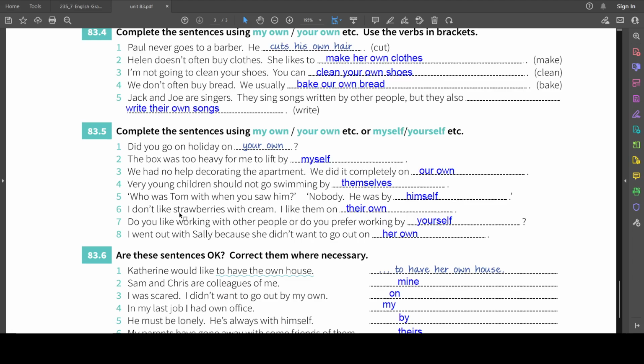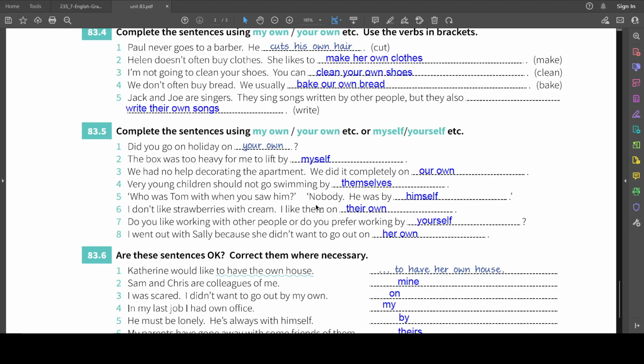I don't like strawberries with cream. I like them on their own. So it means that person likes only strawberries, without cream, without anything, just strawberries alone. The same in the previous sentence: who was with him when you saw him?